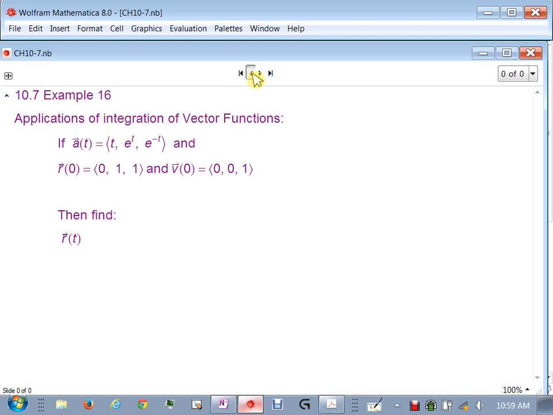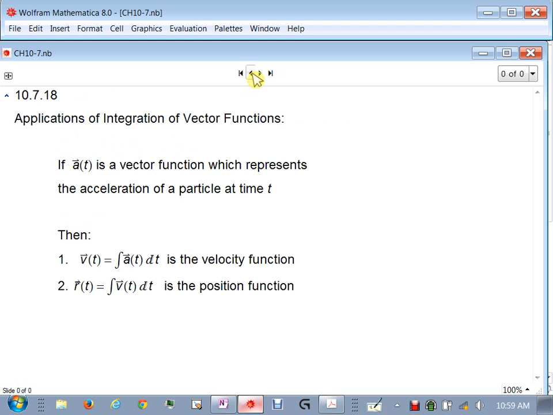We almost finished up last class, 10.7, so I want to go ahead and finish up this section. We talked about a couple of the applications for the vector functions. Specifically, if you have a vector function that gives you the position of an object with respect to time, the first derivative, we called it v of t, was the velocity vector function.